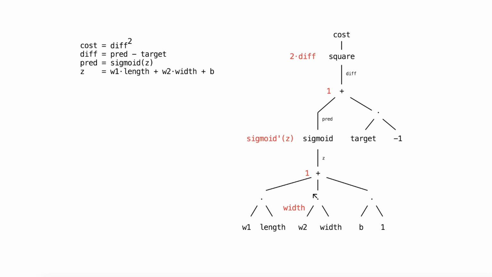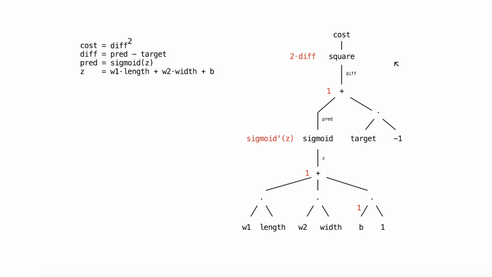So we're concerning ourselves with this multiplication now, and again the derivative of a multiplication with respect to one of its operands is always the other operand, right? The operands of this one are W2 and width, and so with respect to W2, it's the other operand, so it's width. And finally, if we want the partial of cost with respect to B, all we have to do again is change this final element, and it's just a 1 this time.